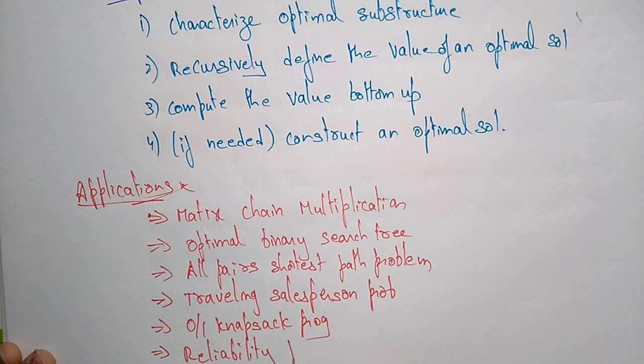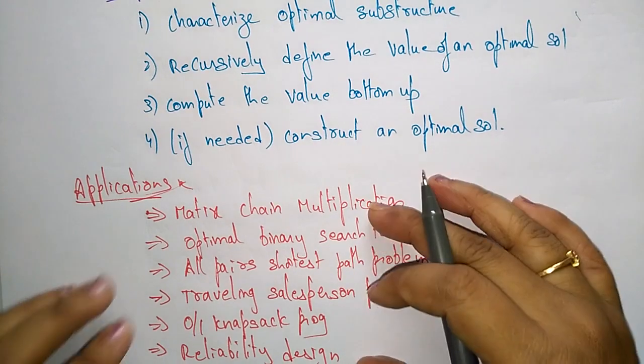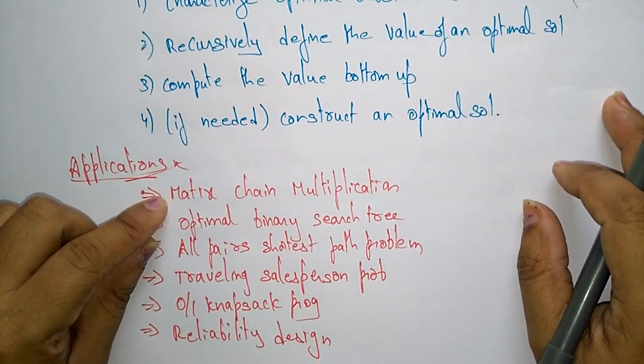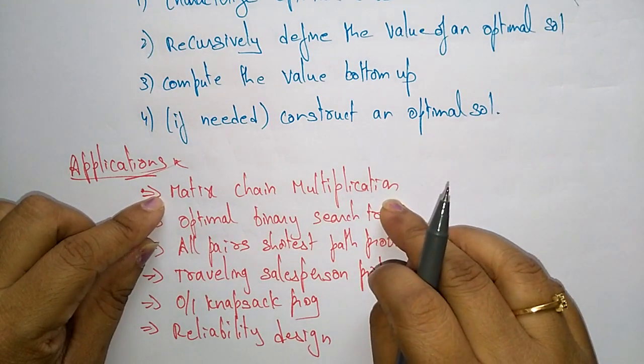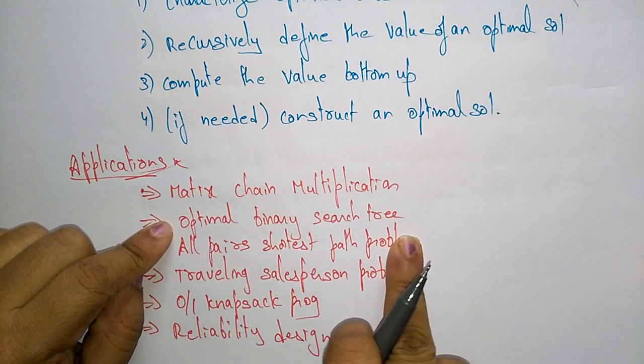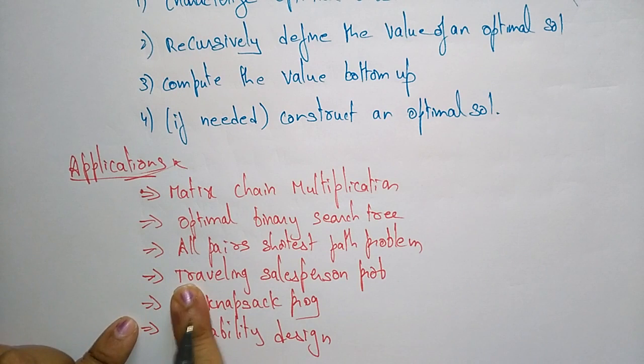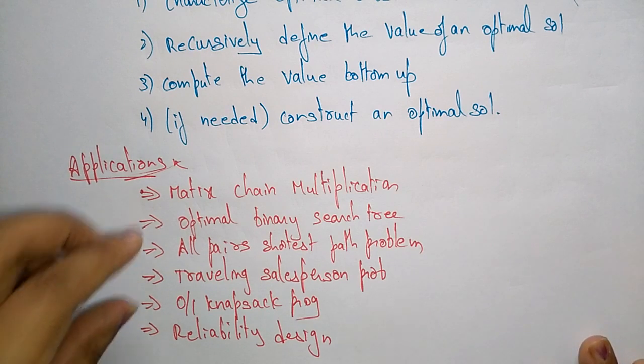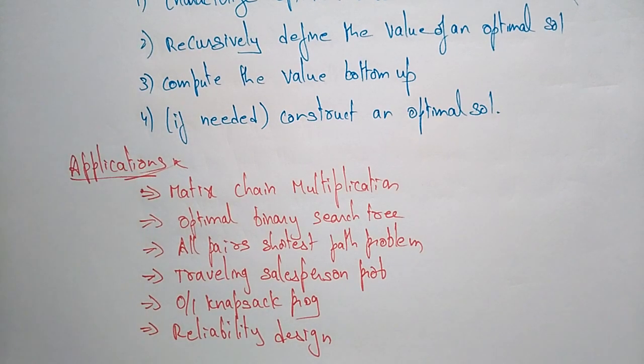So these are the 6 applications, the 6 methods that follow the dynamic programming approach. We can solve matrix chain multiplication by using the dynamic programming approach, and in the same way optimal binary search tree, all pairs shortest path, traveling salesperson, 0/1 knapsack problem, and reliability design. These 6 applications follow the dynamic programming algorithm.